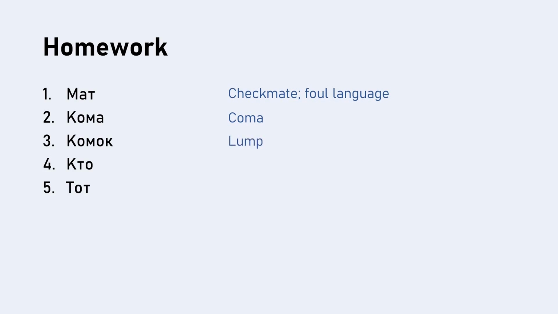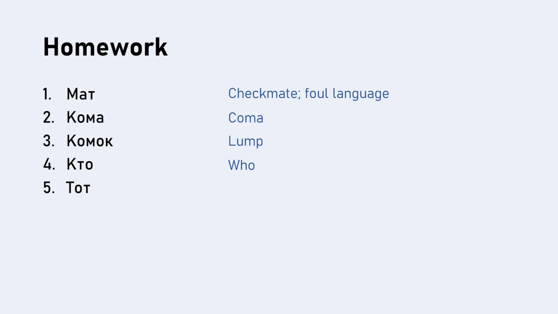The fourth word was kto. Kto. Maybe you find it hard to combine those 2 consonant sounds at the start, kt, but just try your best. Kto, and this means who. And finally we had tot.